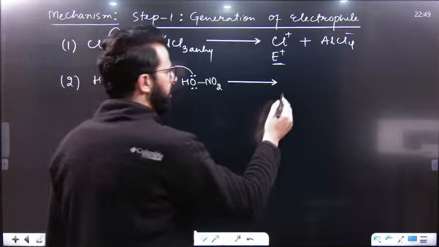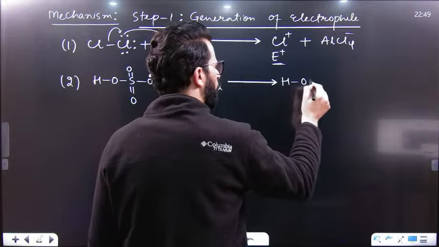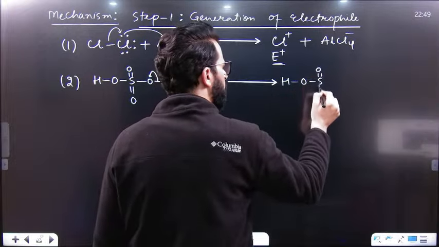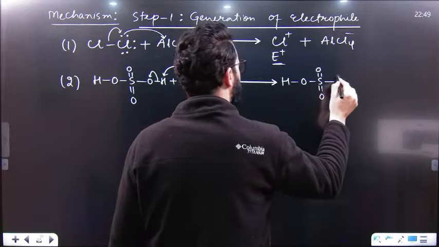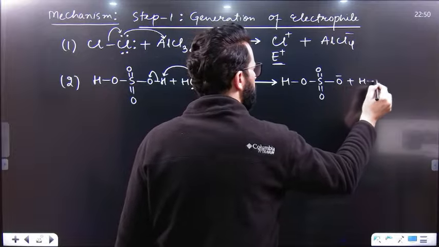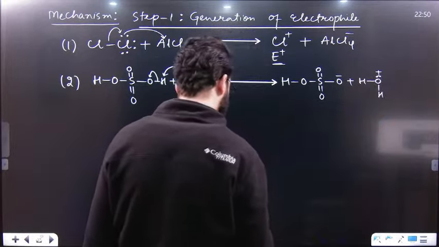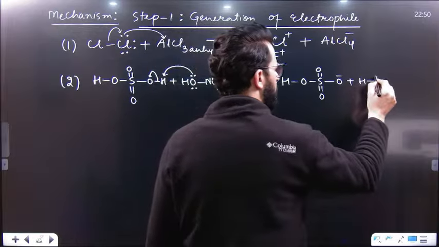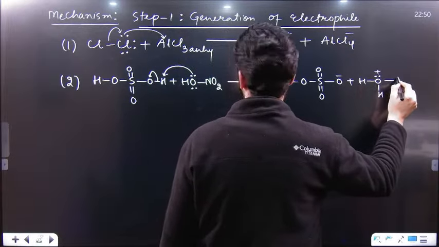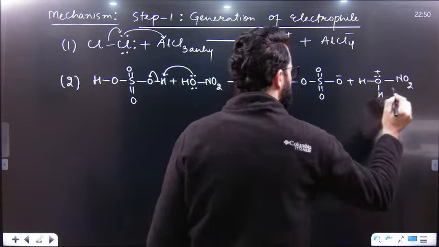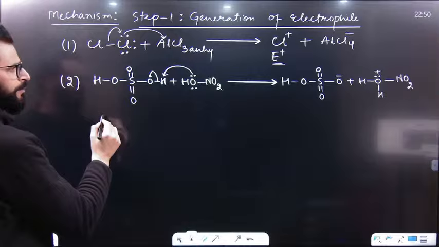So it will result in the formation of HOSO2O minus, having a negative charge, plus H, then O, then H having a positive charge over here, then NO2.